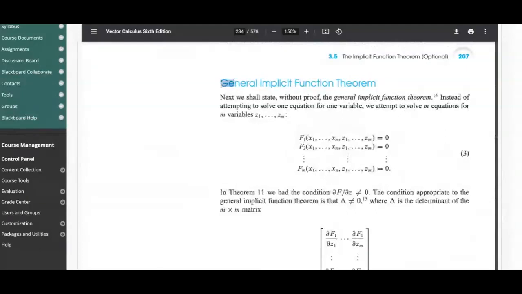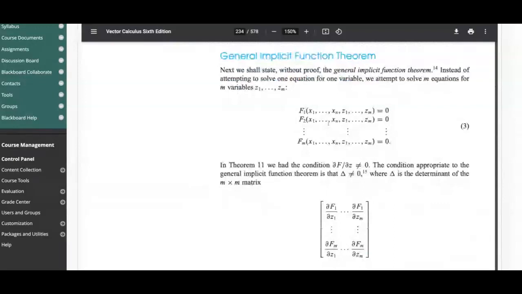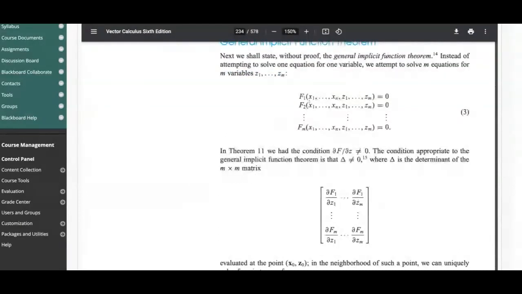Okay, the general implicit function theorem. It says we attempt to solve m equations for m variables, z1 up to zm. So we have f going from n space, a real valued function, to m space.